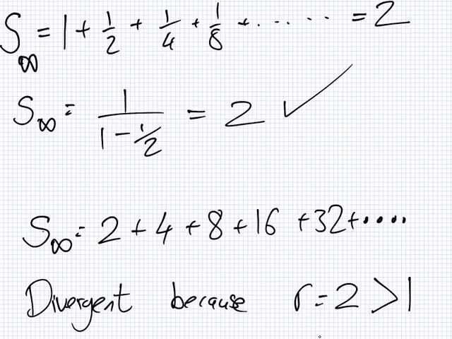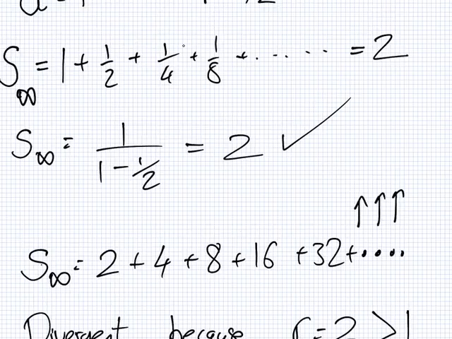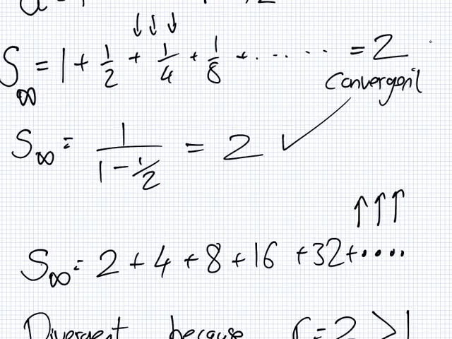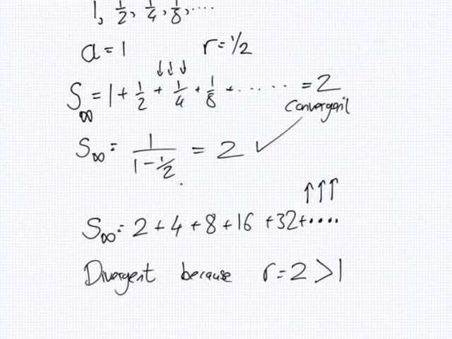But if r is outside of this, like in this case 2, it's too big and it diverges. So instead of getting smaller and smaller, this sequence is getting bigger and bigger. And here, because r is a half, which is less than 1, the sequence is getting smaller and smaller. So this one is convergent, whereas my second example here is divergent.